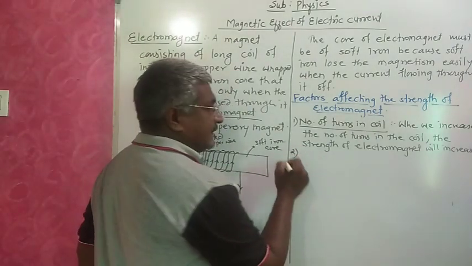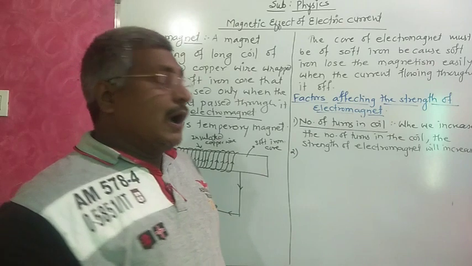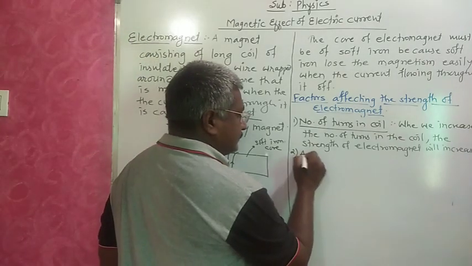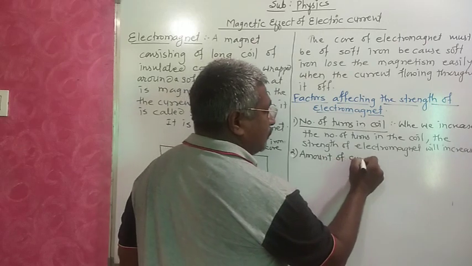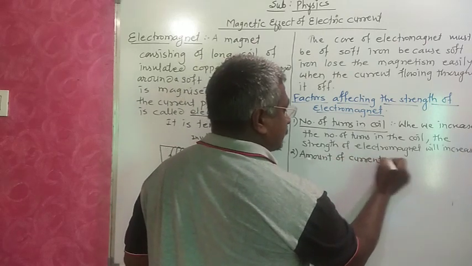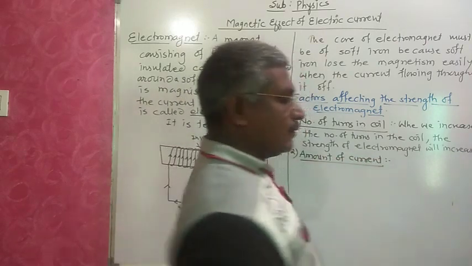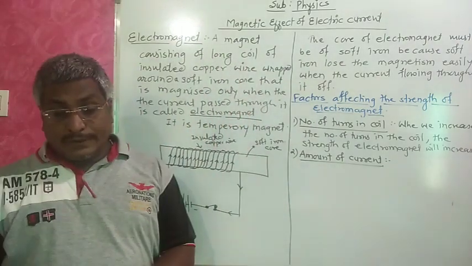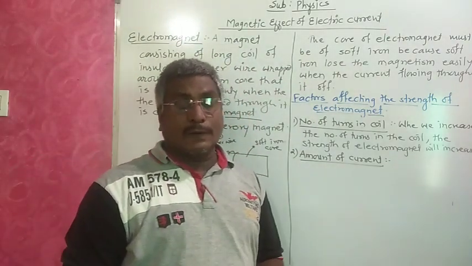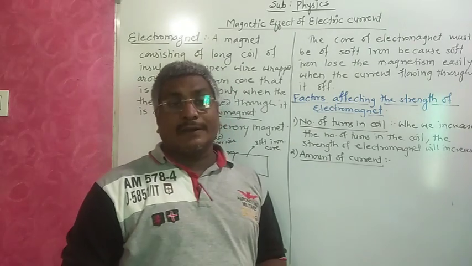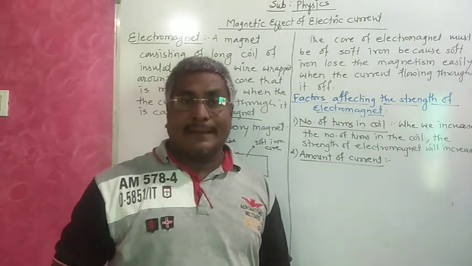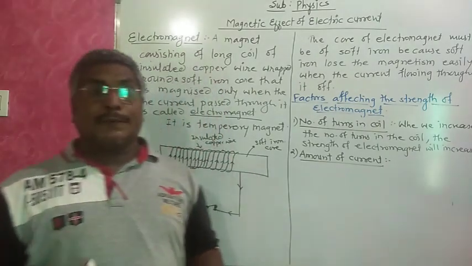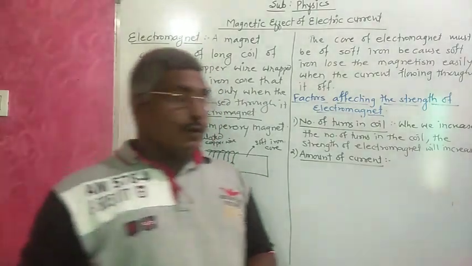The second factor is the amount of current. How does the amount of current increase or decrease the strength of the electromagnet?